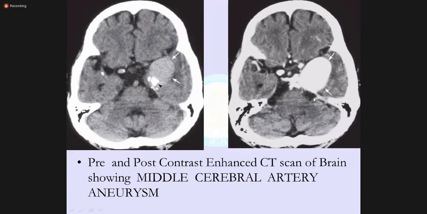On post-contrast, it opacifies. It means this is something vascular. It is an aneurysm. Now here comes the knowledge of our anatomy. What normal vascular structure is present here? Normal vascular structure is the middle cerebral artery. So this is an aneurysm of the left middle cerebral artery.